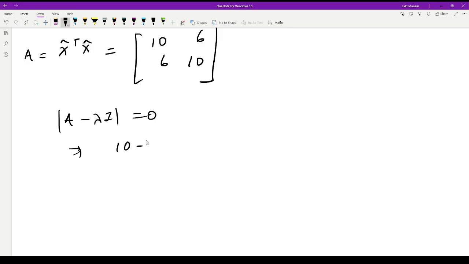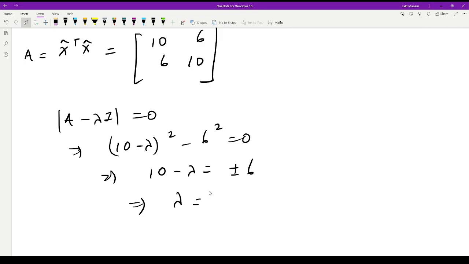So it's like (10 minus lambda) squared minus 6 squared, right? So 10 minus lambda is plus or minus 6. So lambda should be 10 minus or plus 6, which is 16 or 4.